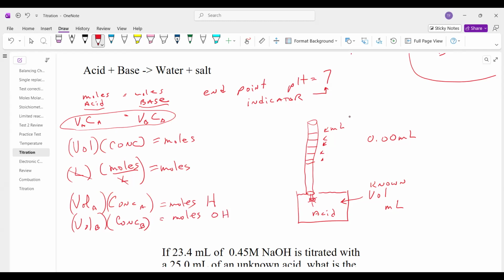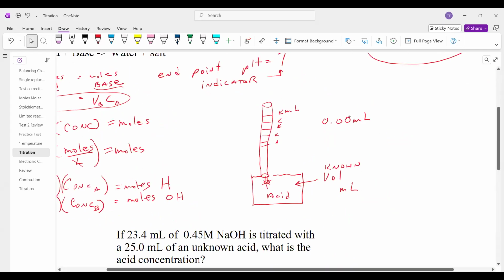Now, typically in an acid-base reaction, first of all, we have 4 variables. We have 2 concentrations, 2 volumes. That means you can leave out one of them and calculate it if you know the other 3. But you always have to know 3 of the 4. If you don't know the 3, you cannot do anything with this relationship. So we're going to be using something called a burette.